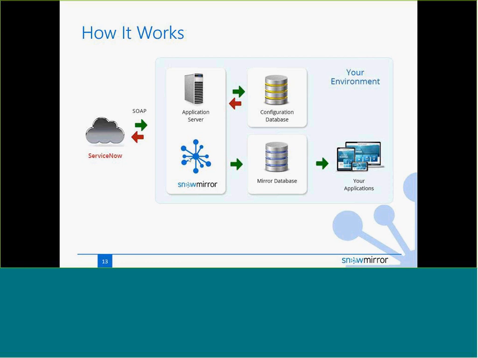So this is a small virtual machine, an Azure VM or AWS VM, where you install SnowMirror, and it accesses ServiceNow using the out-of-the-box API. The good news is that you don't have to modify your ServiceNow instance at all. The only thing we need here is a username and password with sufficient permissions to be able to access the data.